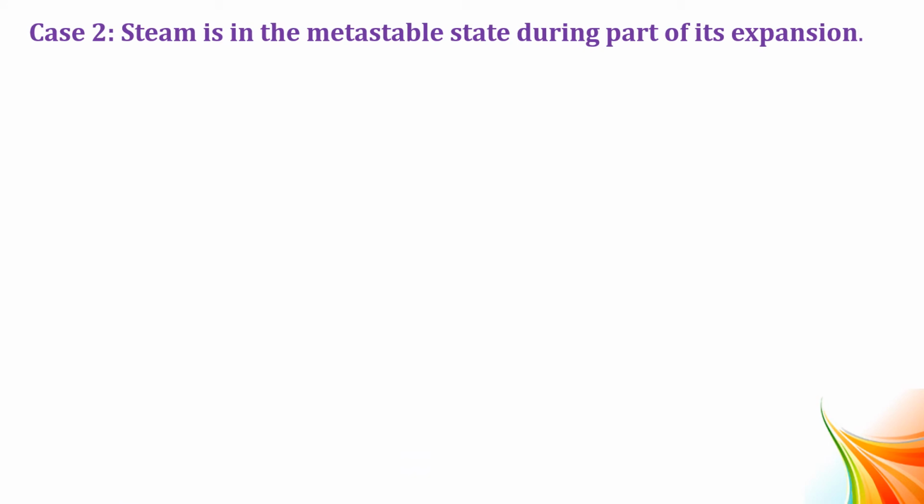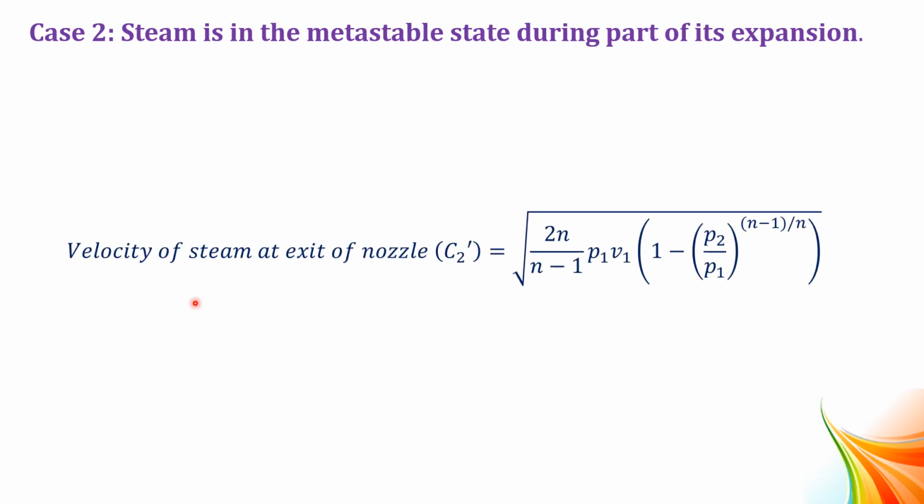Now at case 2, the steam is in metastable state during part of its expansion. Then the velocity of steam at the exit of the nozzle C2 dash equal to square root of 2n by n minus 1 P1 V1 into 1 minus P2 by P1 the whole power n minus 1 by n. We know if the flow is metastable, then the value of n equal to 1.3.